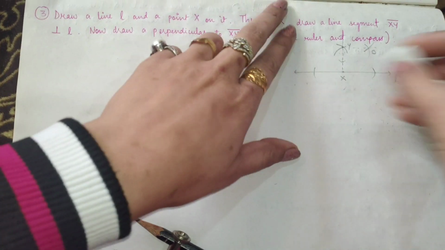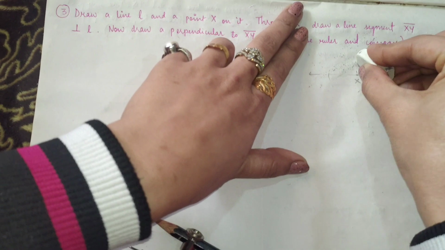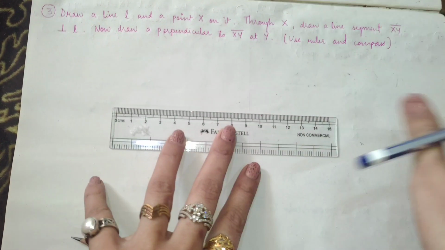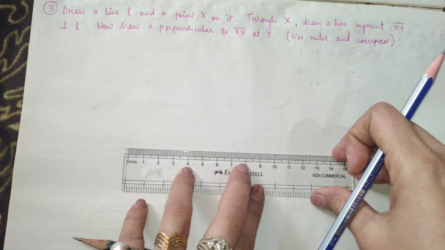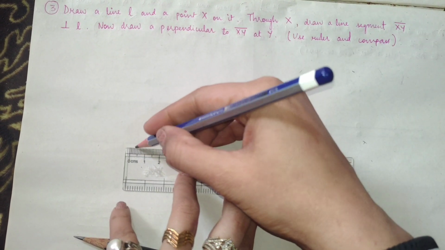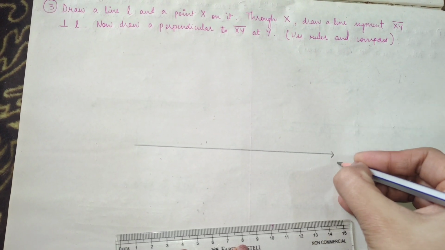I hope you got a rough idea, but I'll explain you again. Okay, so first we'll draw a line L, like this.